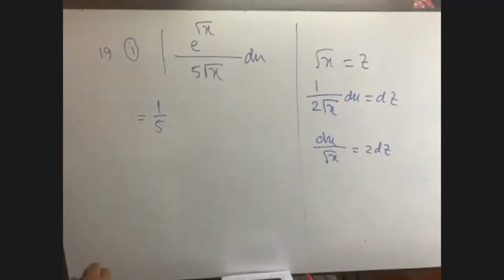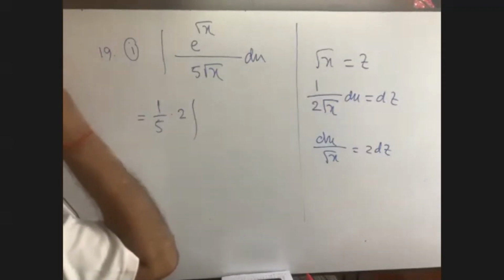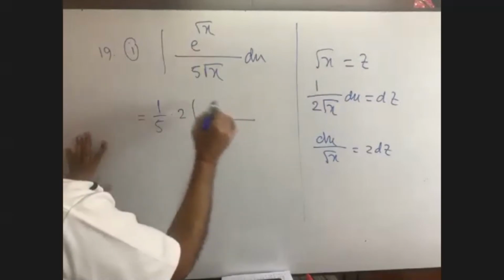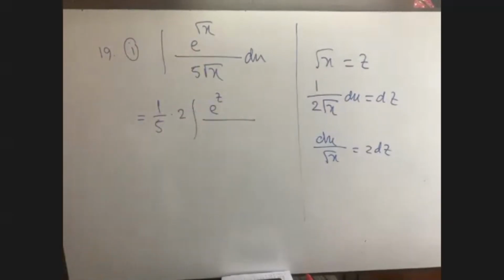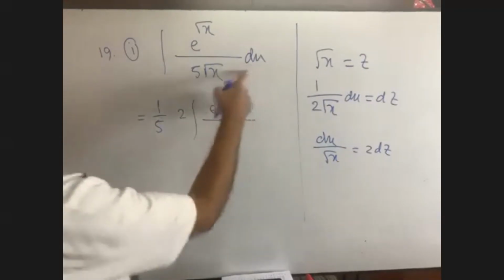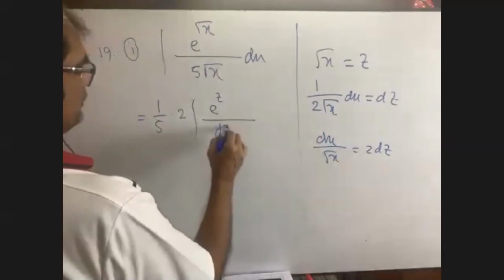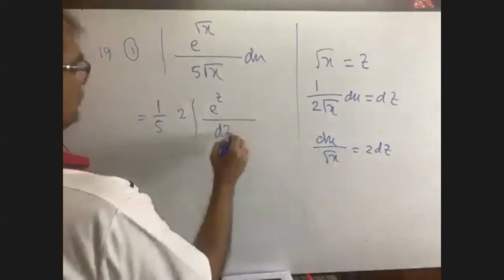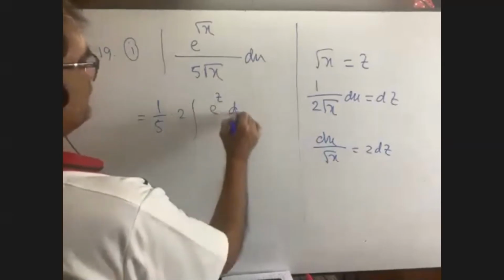So we are getting 1 by 5 into 2. So e to the power root x, that means e to the power z, and dx by root x equals dz.